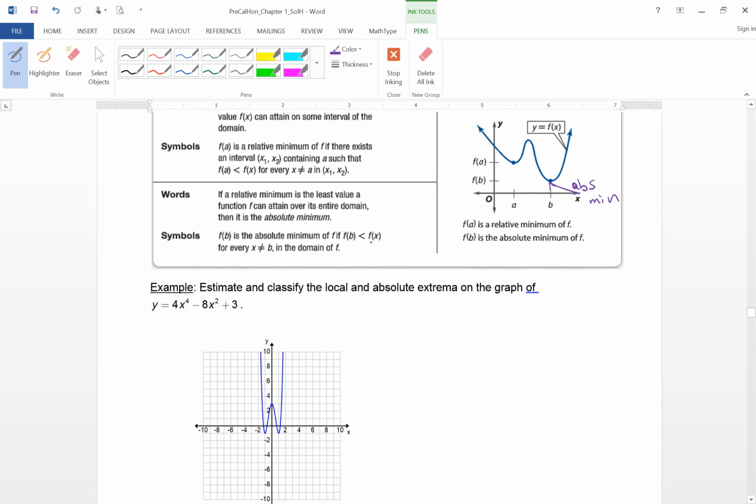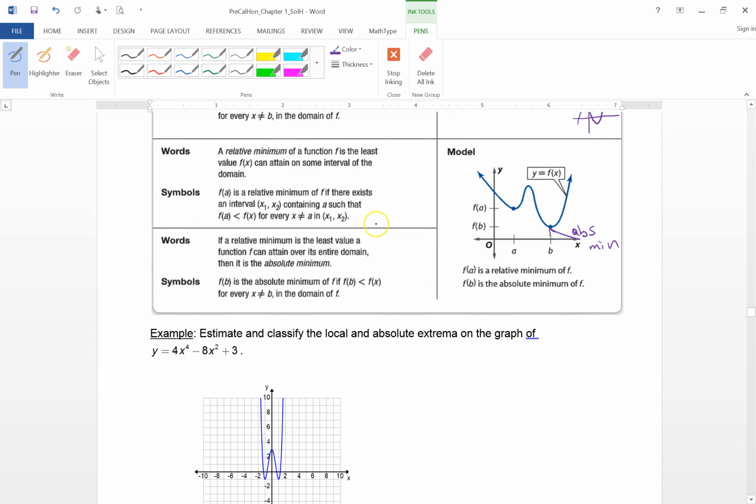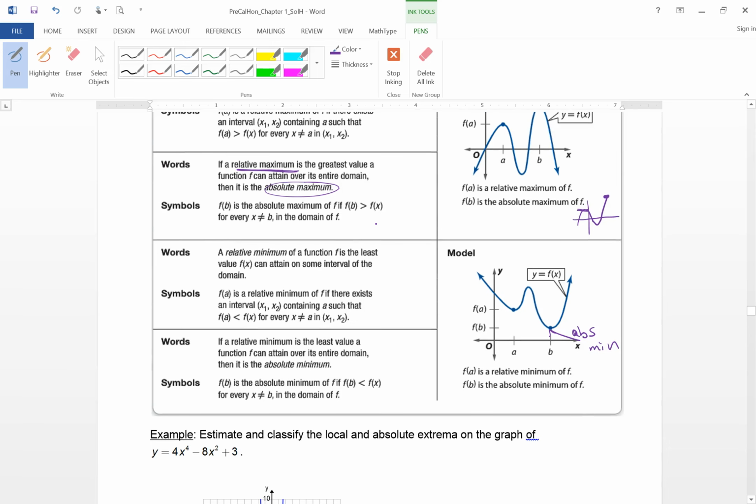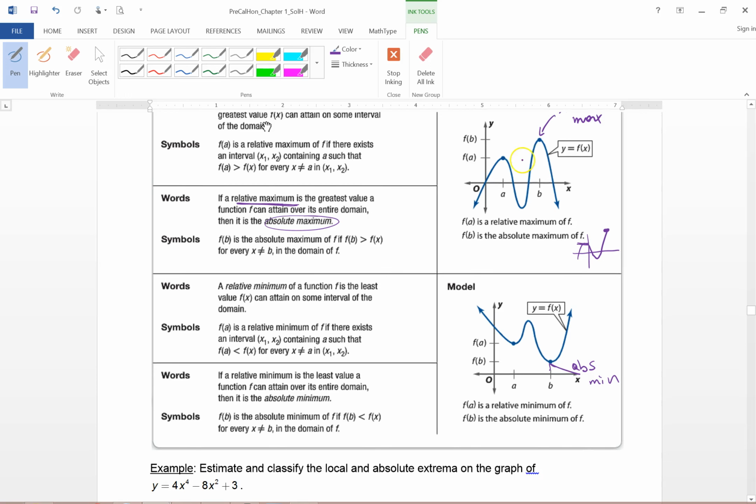If a relative maximum is the absolute highest point, then it becomes an absolute maximum. It's this wording here. Okay? It's in the chart. So if that's an absolute max, then this is a relative max. If this is an absolute min, then this is a relative min. Okay? All right?